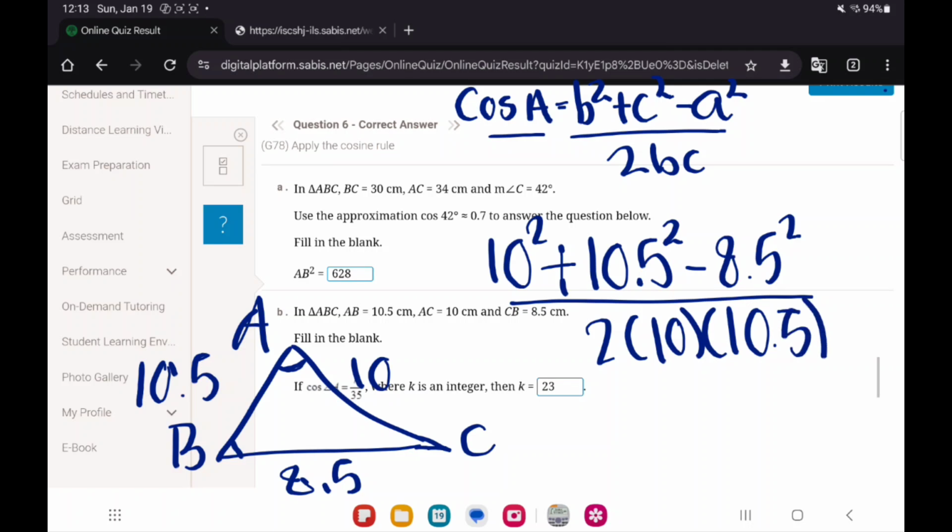Okay, you also do this on your calculator. So 10 squared, and make sure your calculator is on degrees mode, because you will get every single question here wrong if your calculator is on radians mode or any other mode. Okay, so 10 and 10.5, and then you'll get 23 over 35.